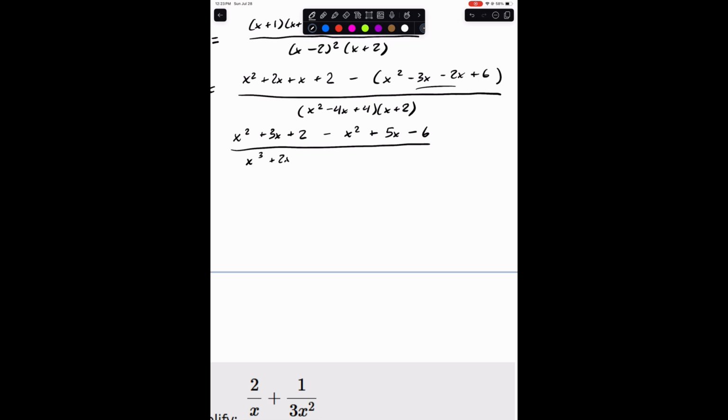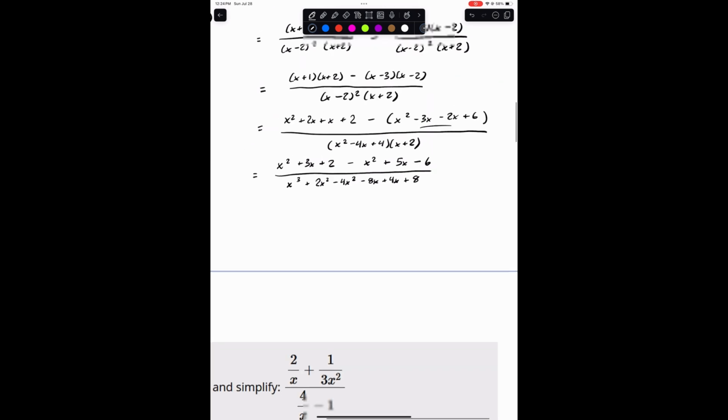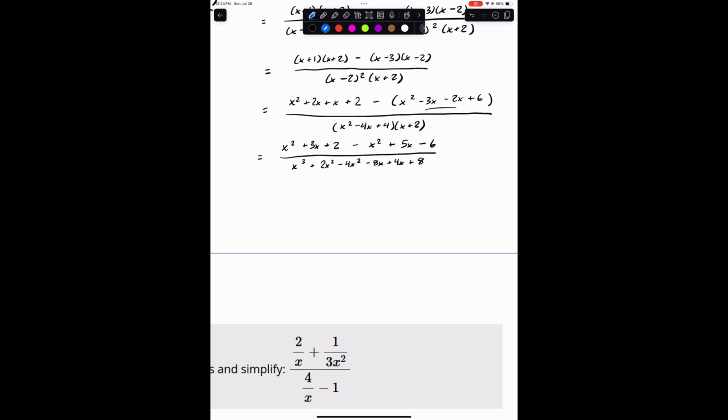And plus 2x squared, minus 4x squared minus 8x plus 4x plus 8. Need to check that. So x cubed, 2x squared, negative 4x squared, negative 8x plus 4x plus 8. Okay. Now we can combine.